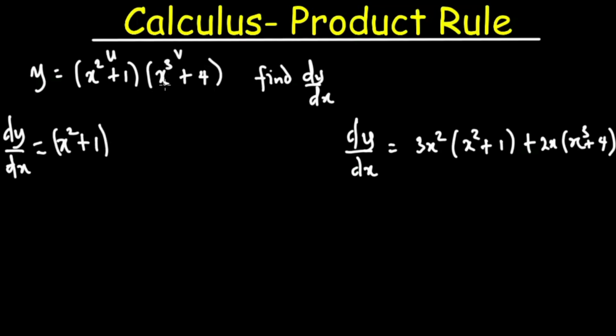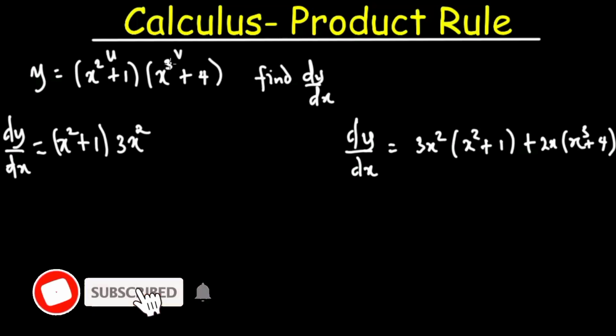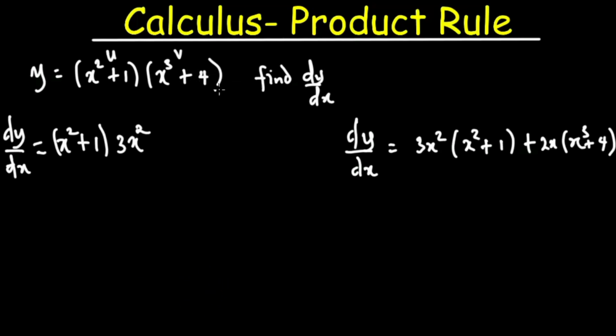So differentiating x cubed plus 4, I have 3x squared, right? X cubed, multiply 3 by the coefficient 3, and then subtract 1 from the power. When I differentiate 4, I have 0.